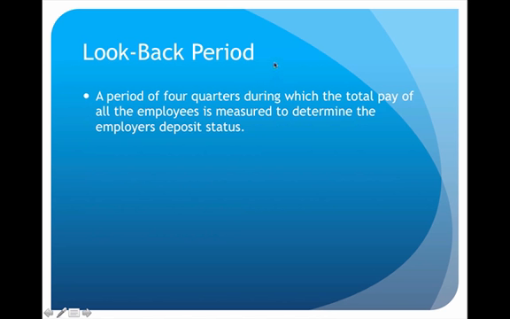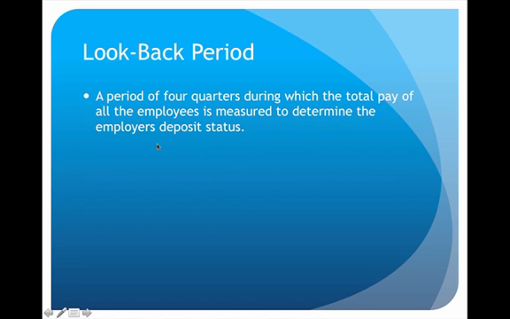Now, when it comes to deposits, how are we going to make these deposits and how often do they have to be made? In order to understand that, we have to talk about the meaning of look back period. Basically, what they're going to do is they're going to look at 4 quarters.